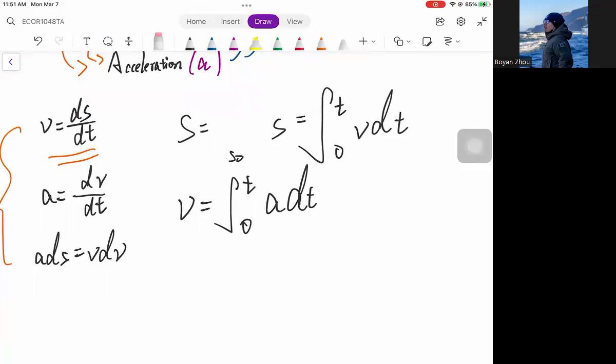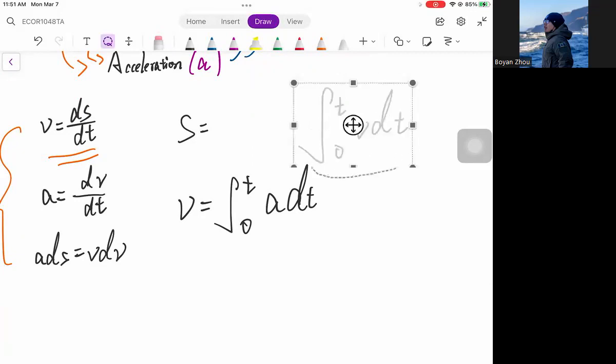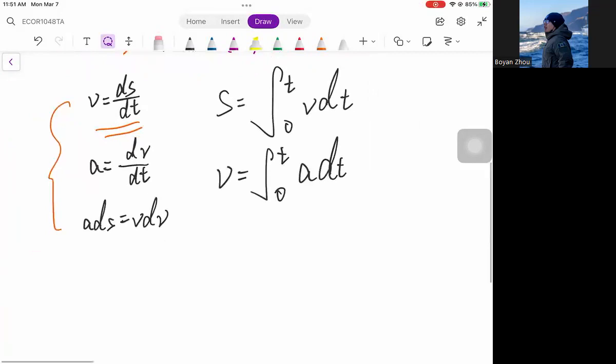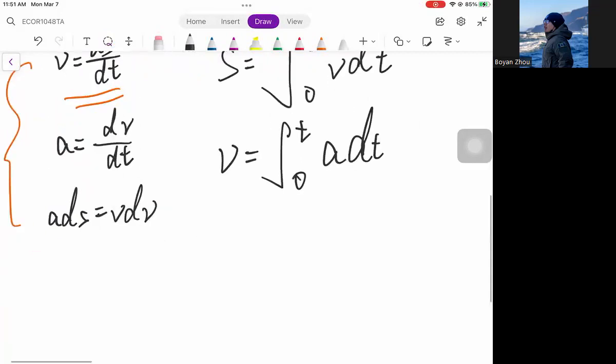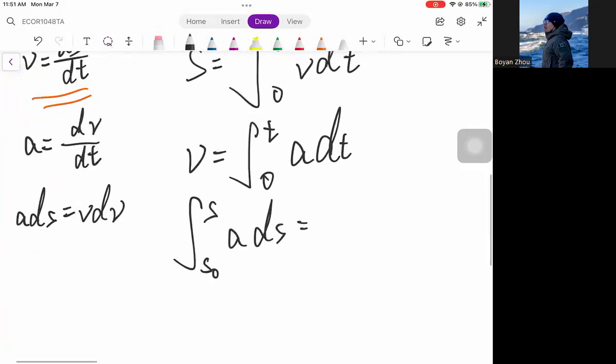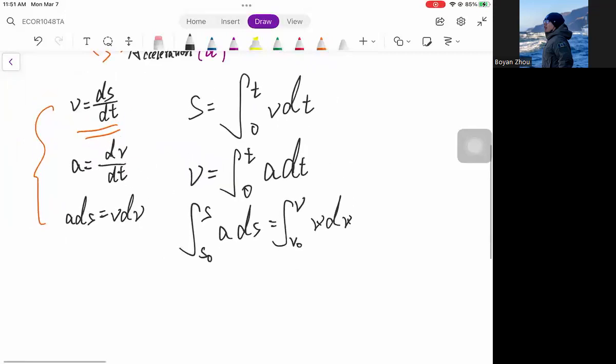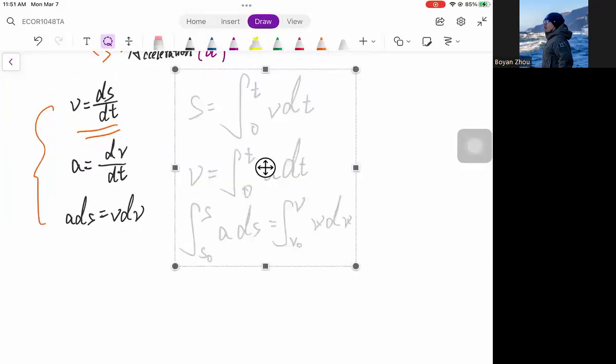And actually this one feels a bit confusing. And for the third line, it's gonna be the same: a ds is equal to the integral from one velocity to another velocity of v dv. So those are going to be the equations.